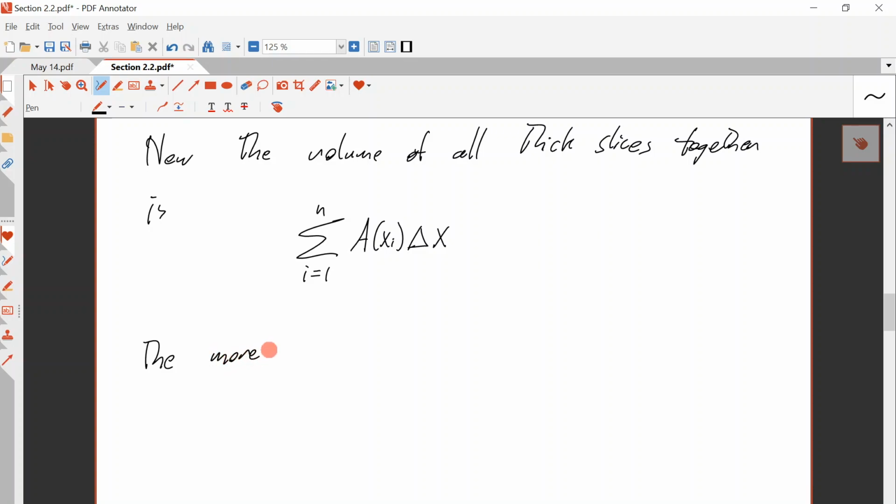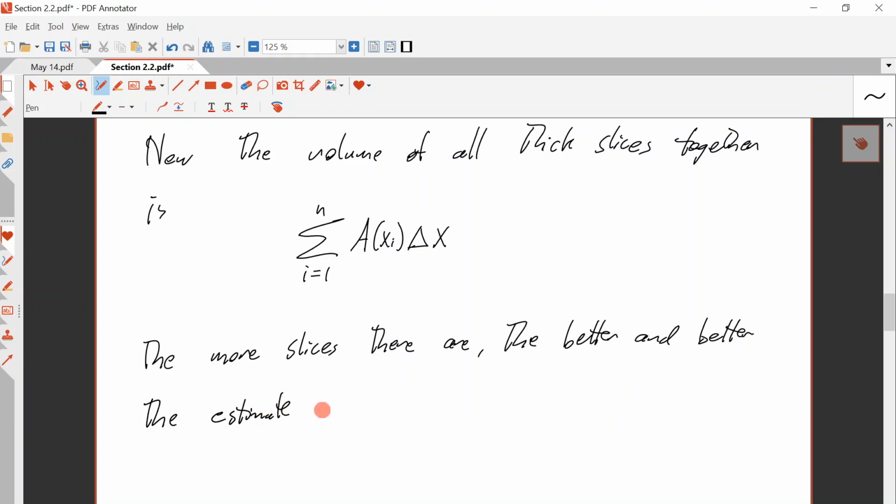The more slices there are, the better and better the estimate of the volume becomes.